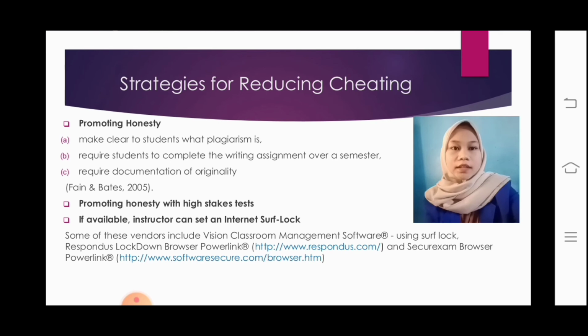Fine and Bates, 2005, mention some steps to promote honesty, such as making clear to students what plagiarism is, and then requiring students to complete the writing assignment over a semester, and then requiring documentation of originality.